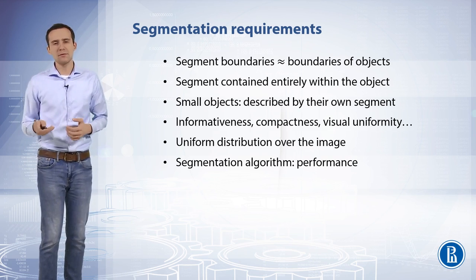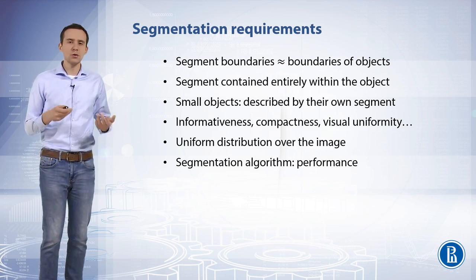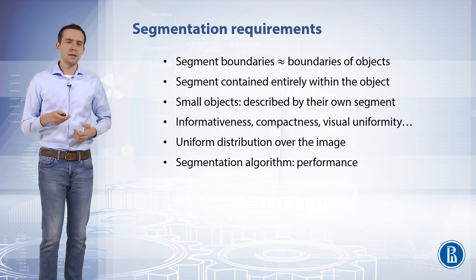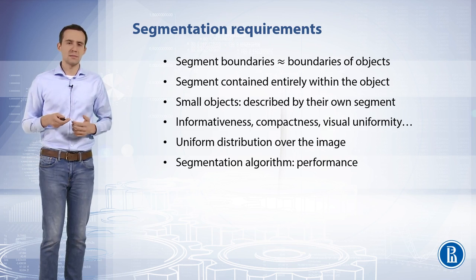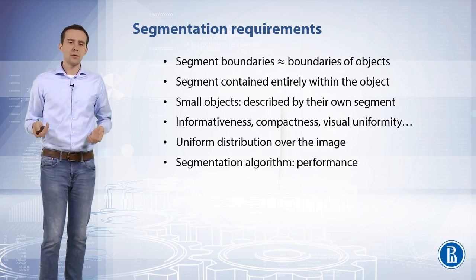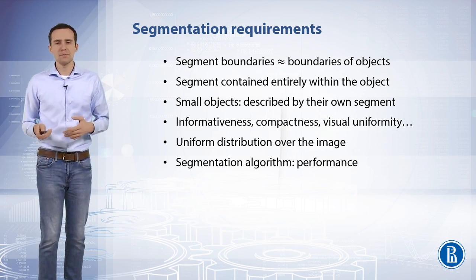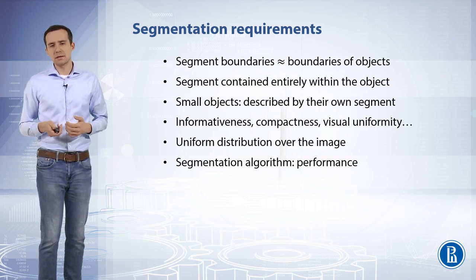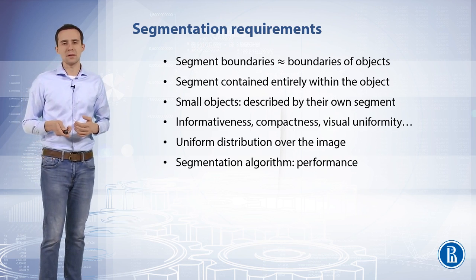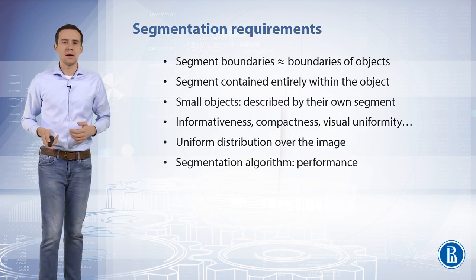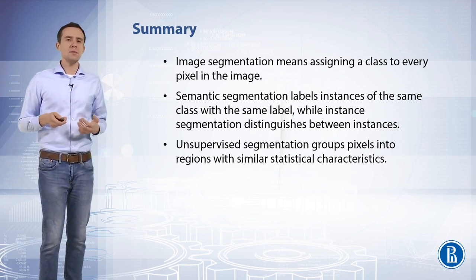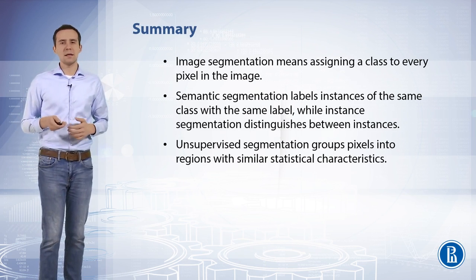They should be large enough to be informative, and they should be compact, meaning they have about the same size. Furthermore, they are usually evenly distributed over the image, and the segmentation algorithm is expected to work in quick time.